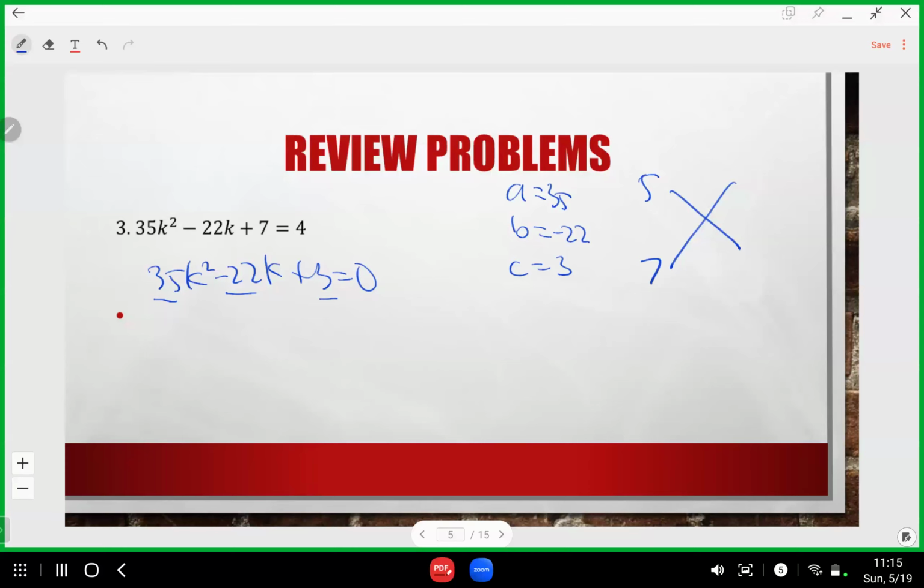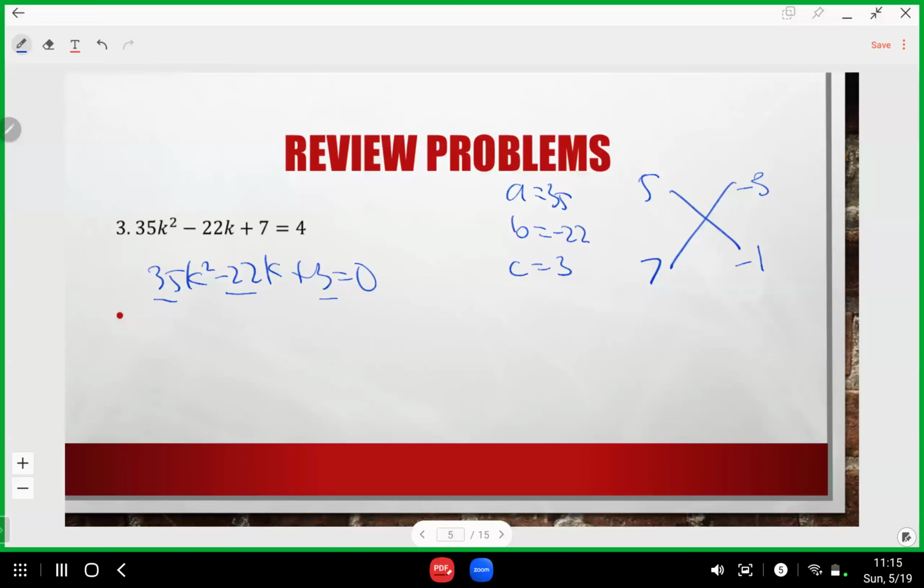Let's try to get the factors of 3, so let's just say 3 and 1 here. Notice how we have positive 3 but we have negative b. So one of them, of course, is going to be negative terms, right? So let's just say negative 3 and negative 1 here.